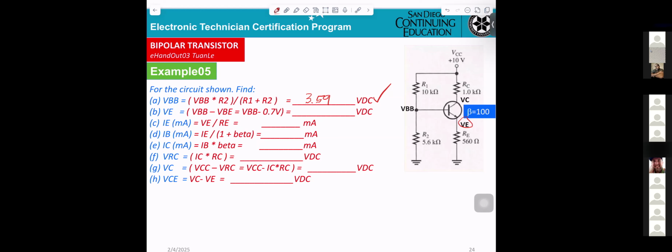They say VBB minus 0.7, 2.89. 2.89 is correct.